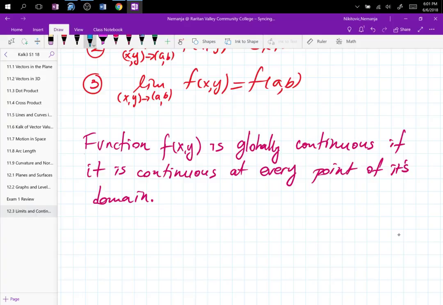And one more definition, theorem. So this is a theorem, and this is another theorem over here.